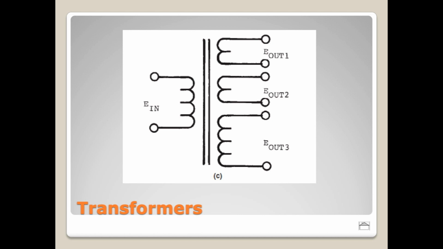So the job of the transformer in a power supply is to generate all the different voltages that that piece of equipment needs. While the transformer is the first device that we're talking about in this part of the semester, a transformer is actually typically the last device to be designed as part of a unit. So when we design a particular product or a piece of equipment, we have to look at what we want it to do.